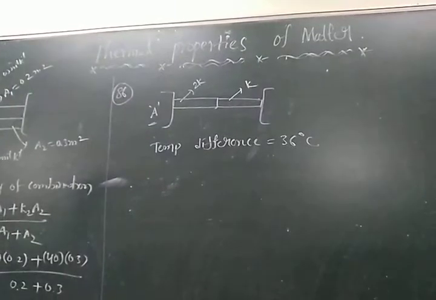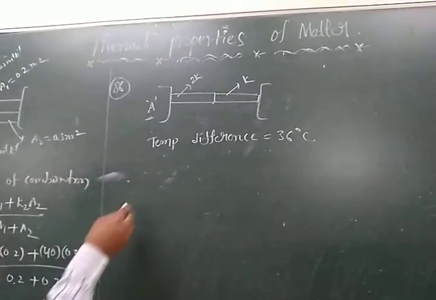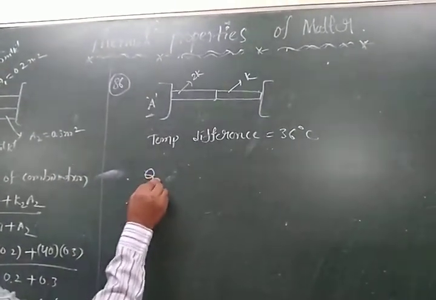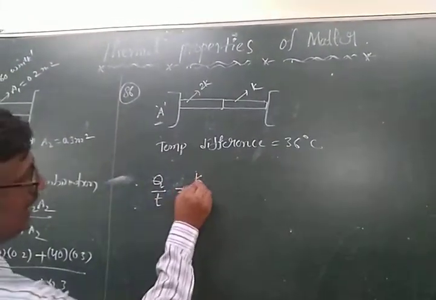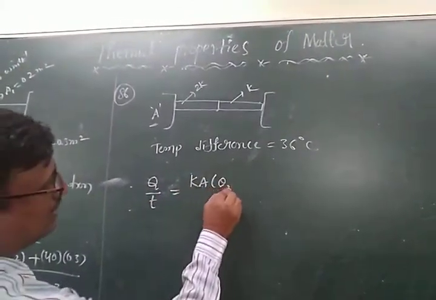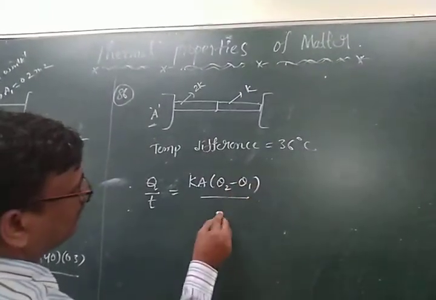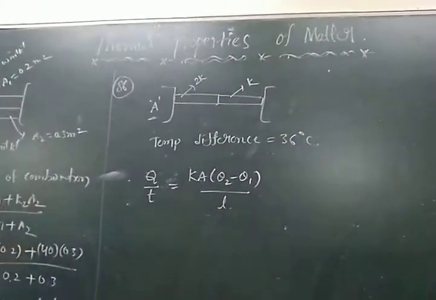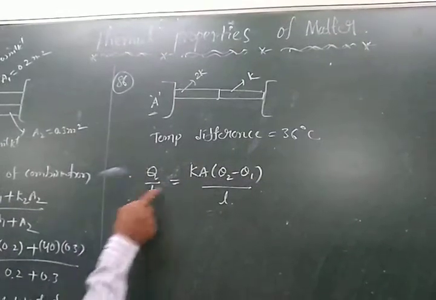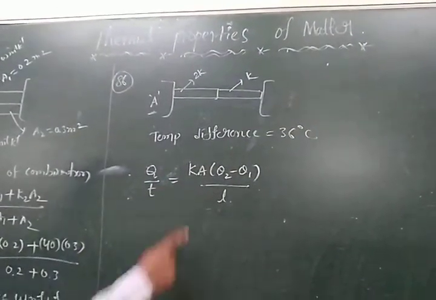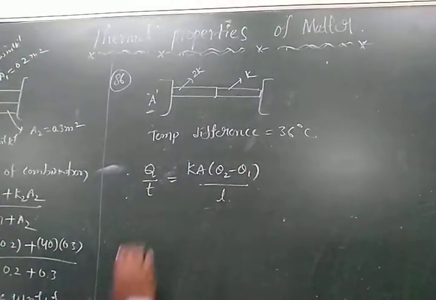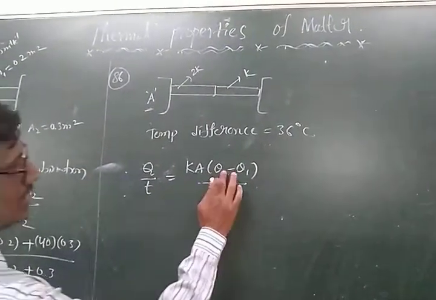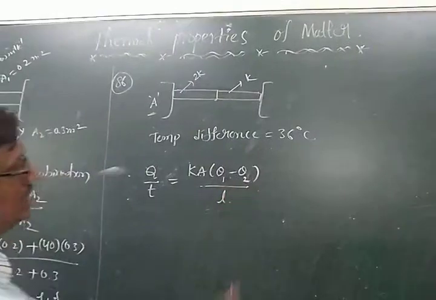We know the formula for thermal conductivity. The rate of flow of heat, Q by t, is equal to K into A into (theta 2 minus theta 1) by its length L. The rate of flow is directly proportional to the thermal conductivity and the temperature difference, theta 2 minus theta 1, or we can write theta 1 minus theta 2.